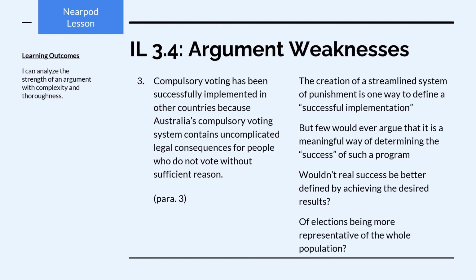The creation of a streamlined system of punishment, that's one way, I guess, to define a successful implementation, but few people would ever argue that it is a meaningful way of determining the success of such a program. Wouldn't real success be better defined by achieving the desired results, which are making our elections more representative of the population as a whole?